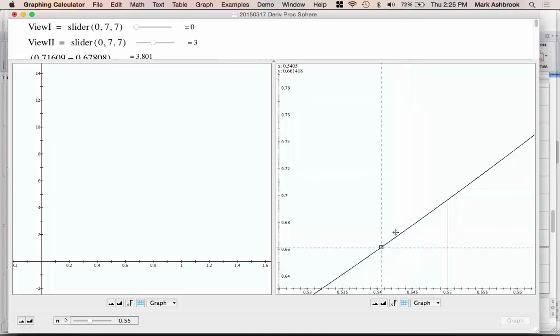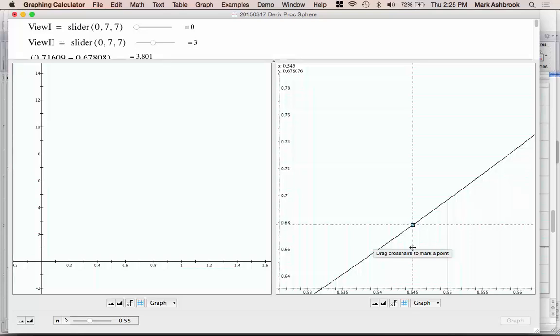Everyone write this down? 0.535, 0.641. And the other point is 0.545, 0.678. So at 0.545 it's 0.678.